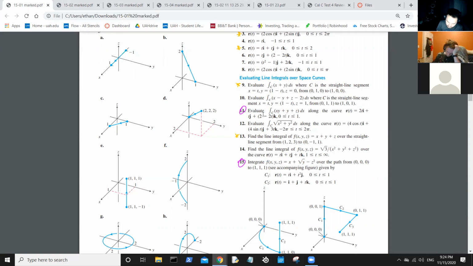So you went about it this way: your first portion, you turned the integral's function into 2t squared i plus t j, and the last one's just z, so it's 2 minus 2t k. And then you did the dot product of the curve function and the synthesized function.